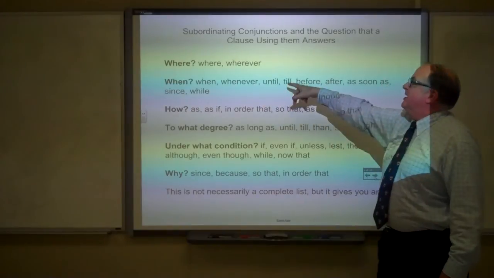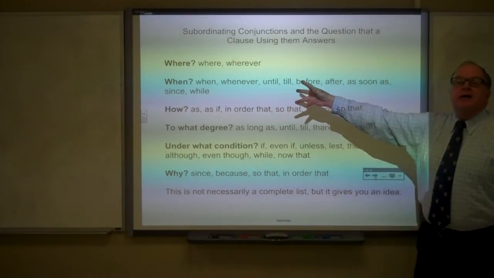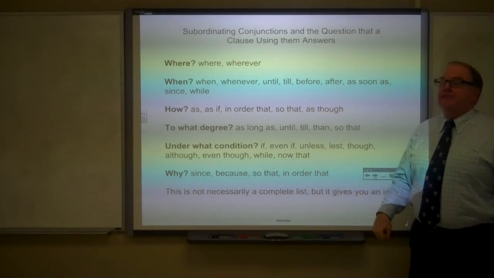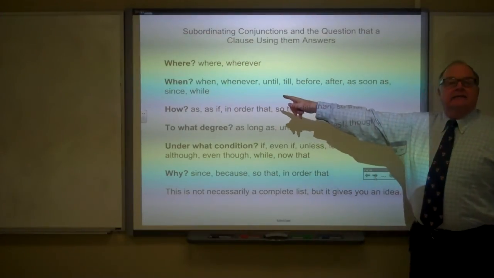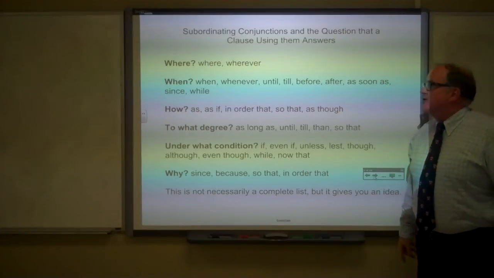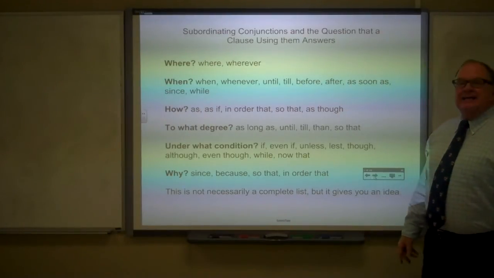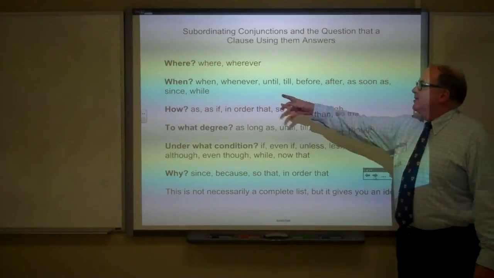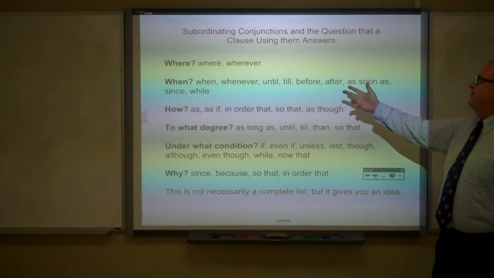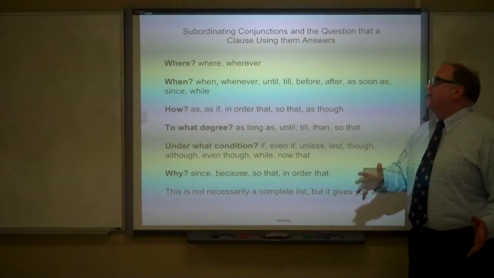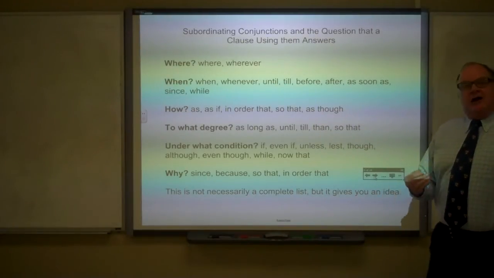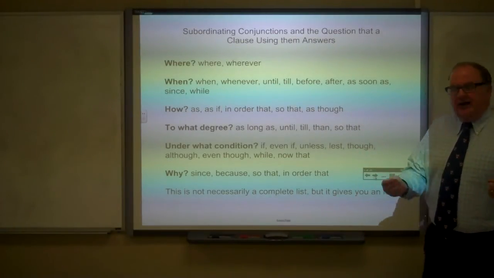Subordinating conjunctions that answer the question where include conjunctions like where and wherever. Clauses that answer the question when include when, whenever, until, till, before, after, as soon as, since, while. All of those can introduce clauses that have to do with the question of time, with the question of when.